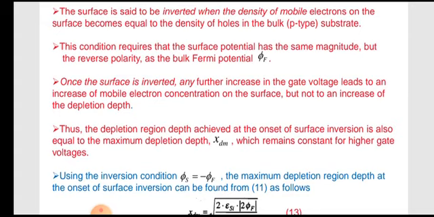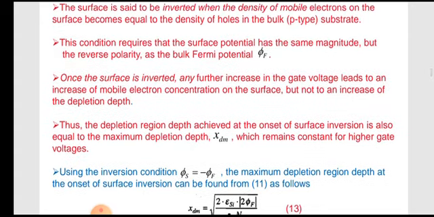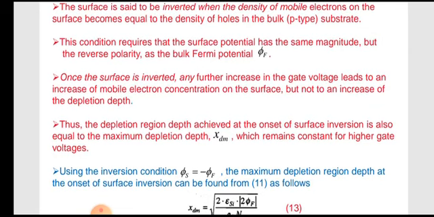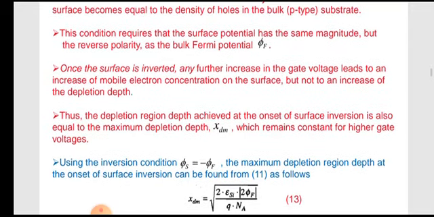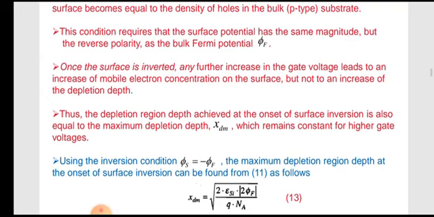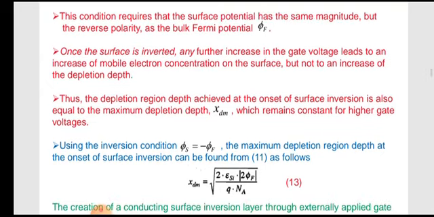So here, when we again increase the gate voltage, it can increase the mobile electron concentration on the surface, but the depletion layer depth that has been created would stay the same, as it has already been created.